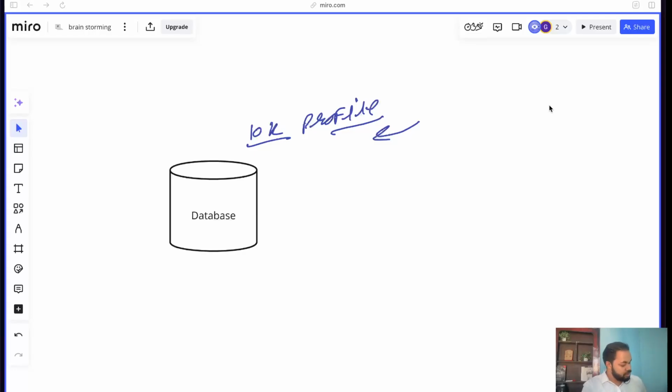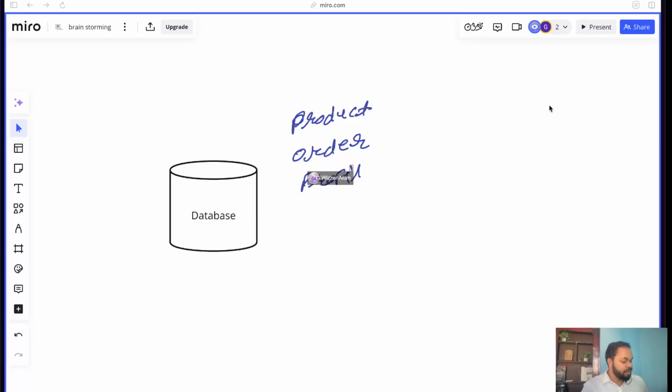Or maybe we can take another, more normal example, in which you have a single database and an e-commerce system with product details for whatever you are going to sell, order details for the orders you make, profiles for the users, and some other things like session tokens and history, and all of them you are storing in this single database.